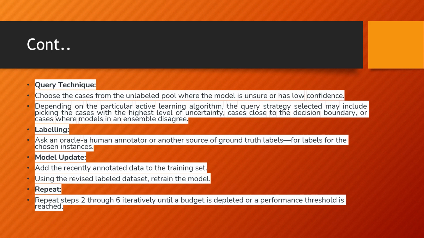Labeling: ask an oracle, a human annotator, or another source of ground truth for labels for the chosen instances. Proper labeling is necessary. Then add the recently annotated data to the training set and, using the revised labeled data set, retrain the model. We have to repeat these steps until a budget is depleted or a performance threshold is reached. When we get the desired outcome, we can stop.